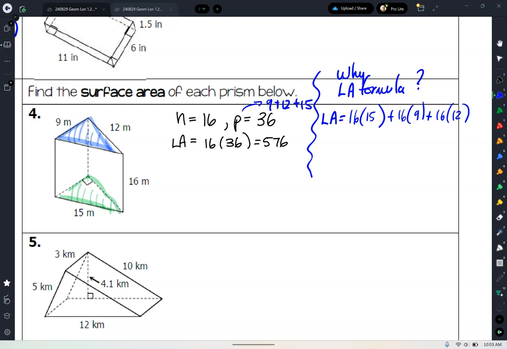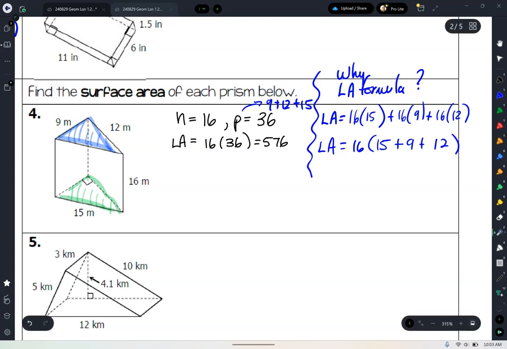Now, we can go back to algebra here, and we can do a little factoring by grouping. I could pull out a 16 from each one of these terms. Watch, if I go lateral area is 16, and I factor that out of each one of those terms, I'm left with 15 plus 9 plus 12.